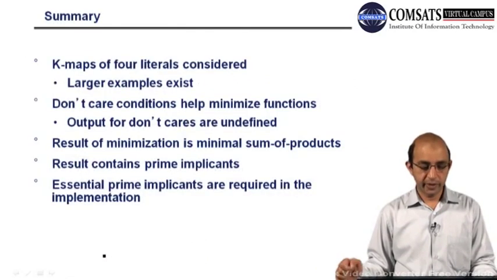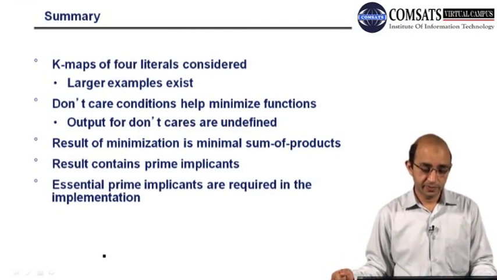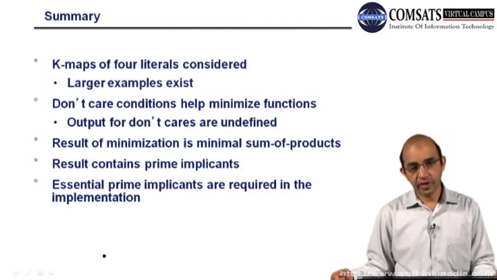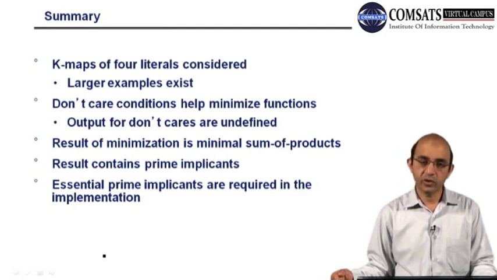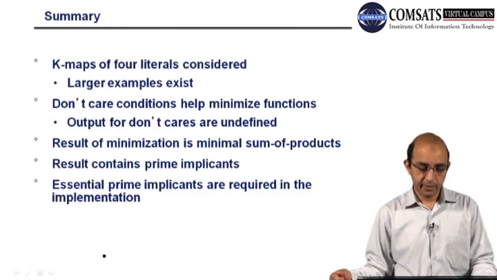So that's all for today's lecture. It's almost the end of K-maps. Today we covered K-map with 4 variables, and then K-map mapping with don't care conditions, and how we can achieve more simplification of the Boolean expression if we use the don't care conditions.